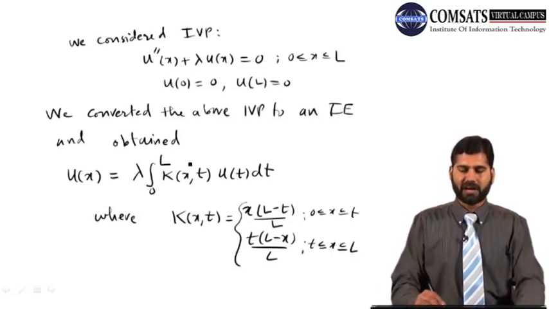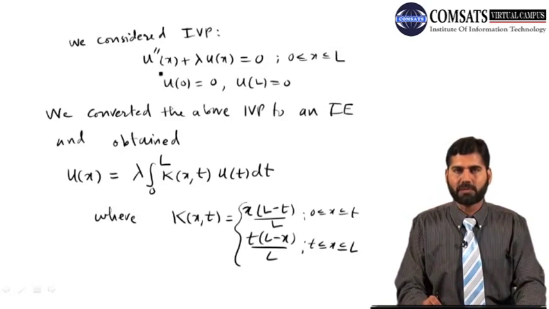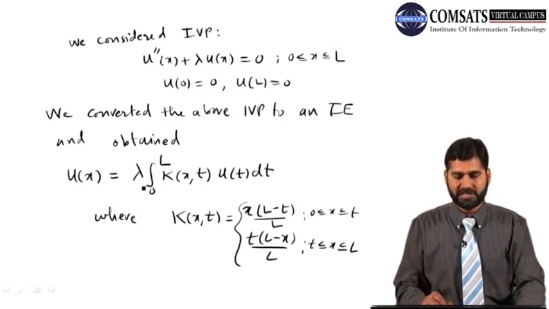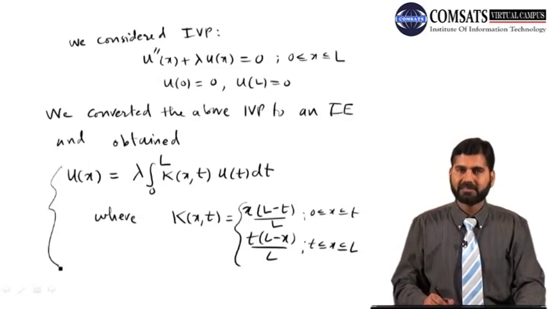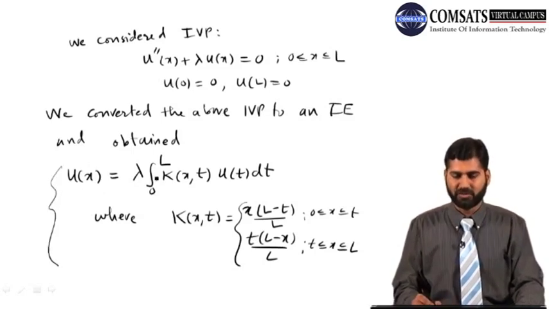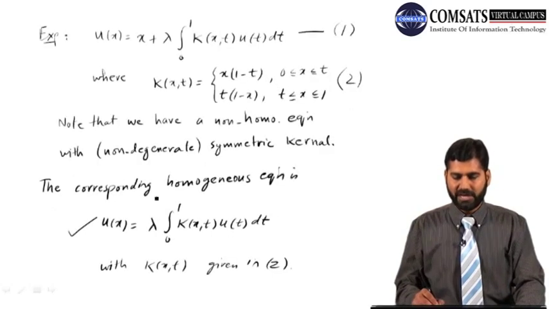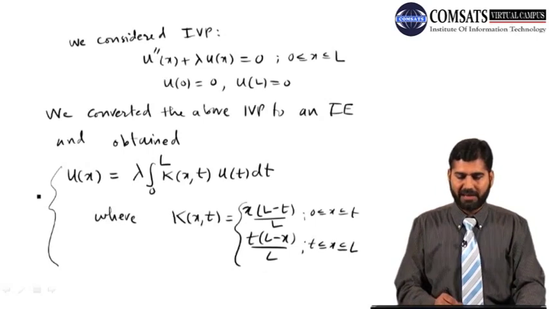In lecture 2, you can recall, we considered this initial value problem and converted this to this homogeneous equation. Now we have this, we need to solve this. If you go back here, we need to solve this one, u(x), right? Now we have this.